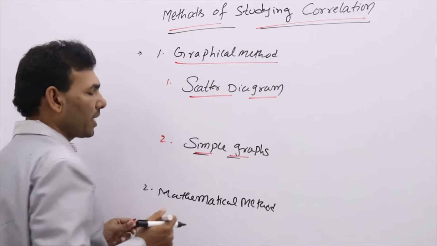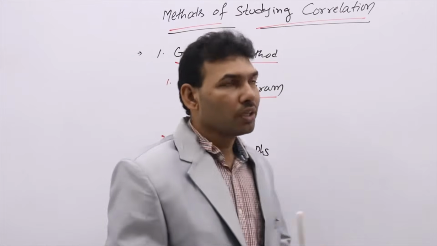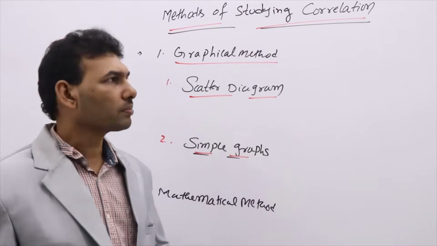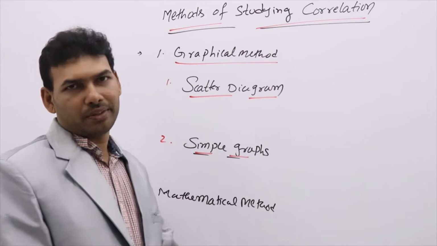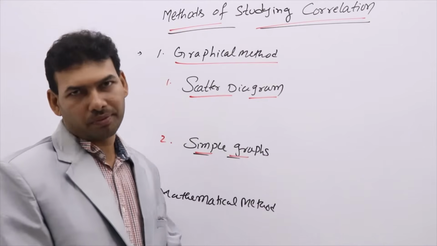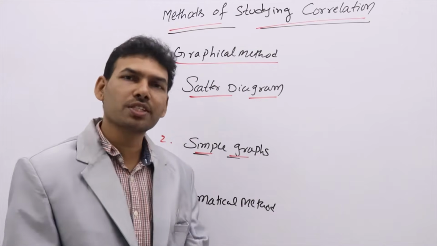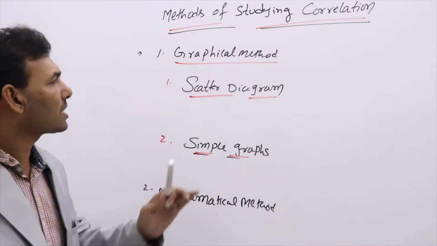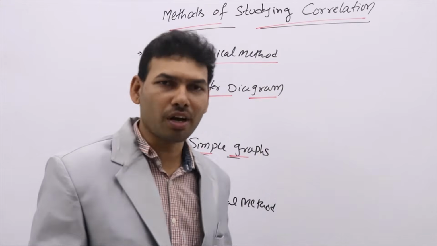Graphical method, the name itself says, means using some graphs. The graphs are classified into two types: scatter diagrams and simple graphs.